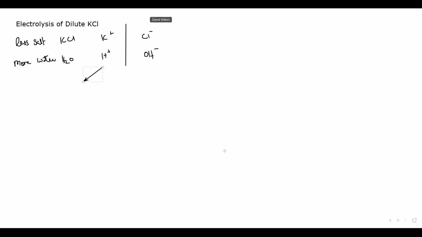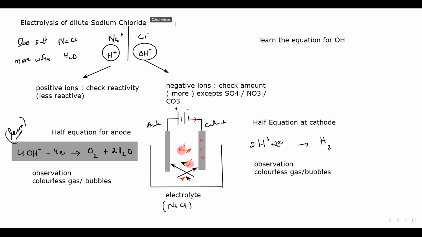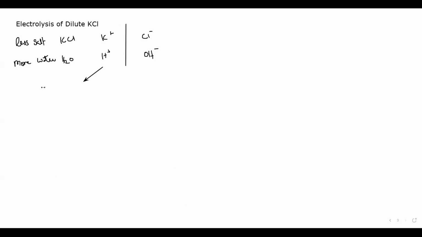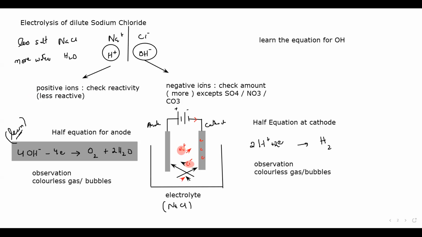For a positive ion, we check the reactivity. The ion which is less reactive will move towards the cathode.